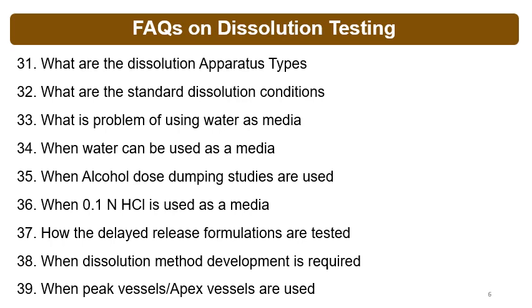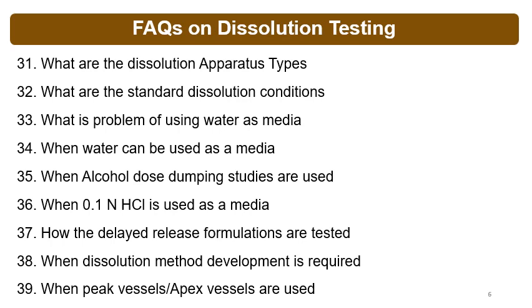Then the question within the question is when water can be used as a media. If the drug molecule has good solubility across the whole pH range, and there is no impact of the pH of the media on the drug solubility and dissolution, then water can be used. When are alcohol dose dumping studies used?